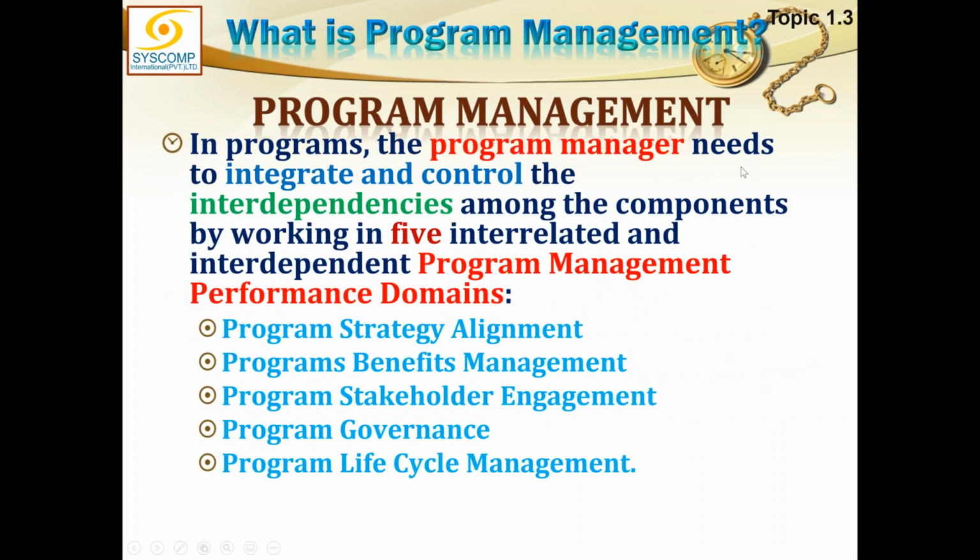In programs, the program manager needs to integrate and control the interdependencies amongst the components. Now, this is very important here that all the components of the program have to be very cautiously designed. When should each component start and when should each component finish?